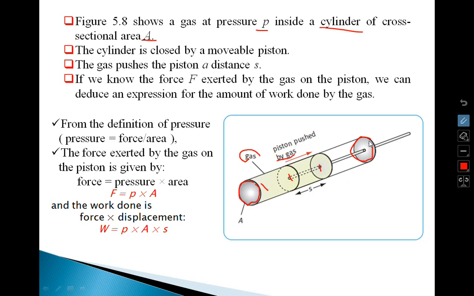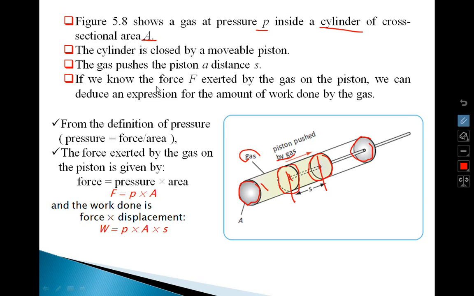It was here, now it has moved to this position, a distance S.